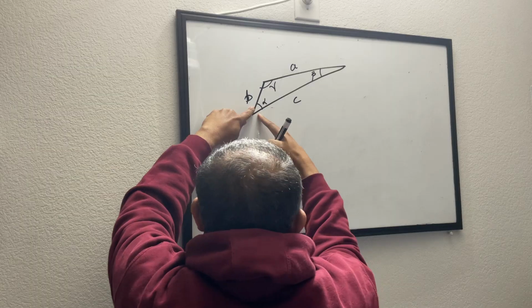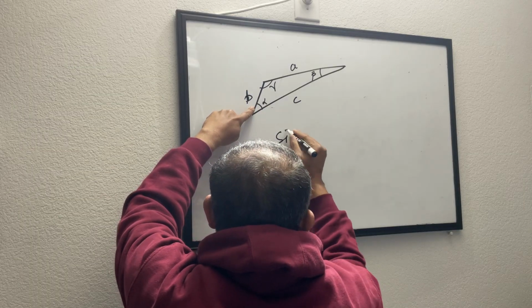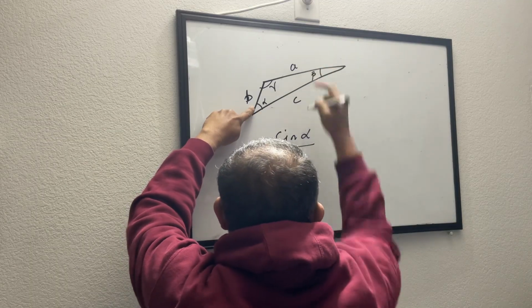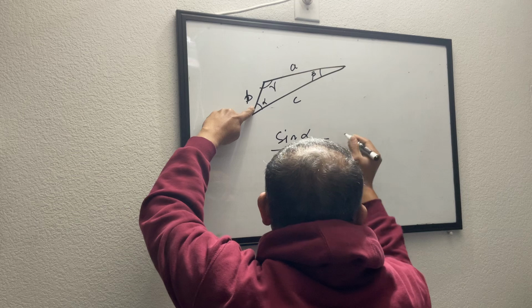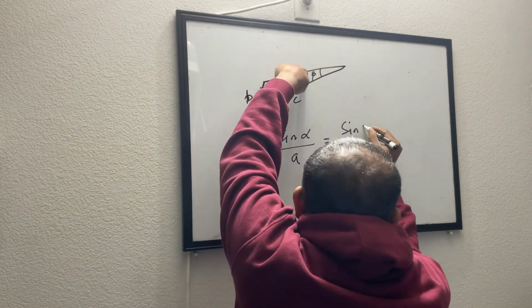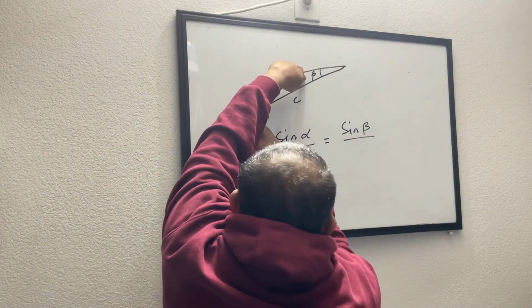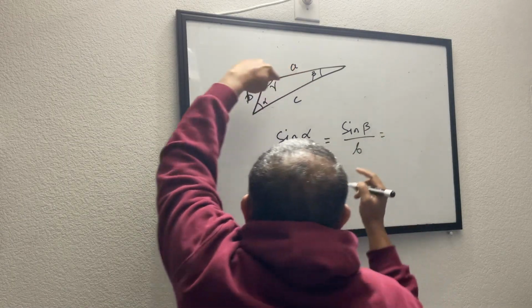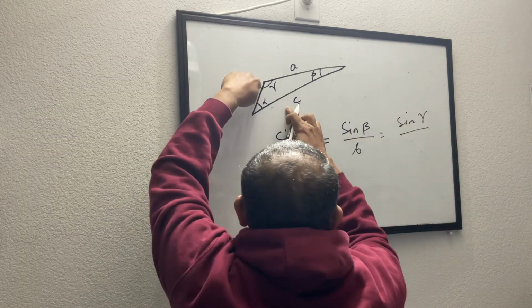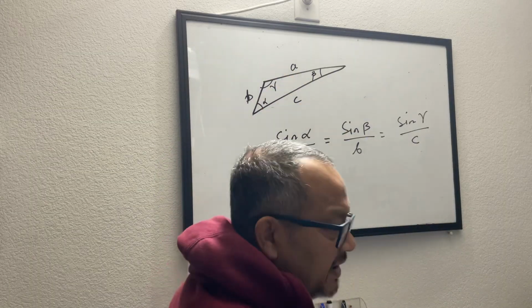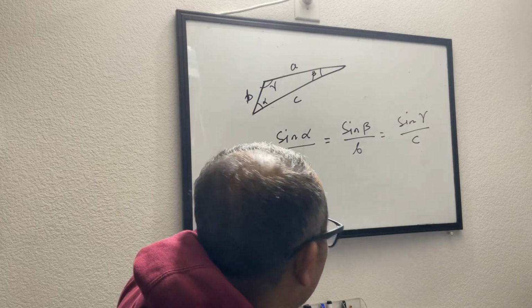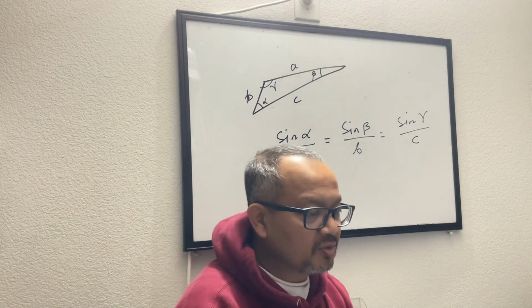Pick up sine alpha, the first angle: sine of alpha divided by the side opposite to that, which is A, equals sine of beta divided by the side opposite to that, that is B, equals sine of gamma divided by the side opposite to that. So the law of sine says that the sine of the angle and the side opposite to that are in the same proportion.